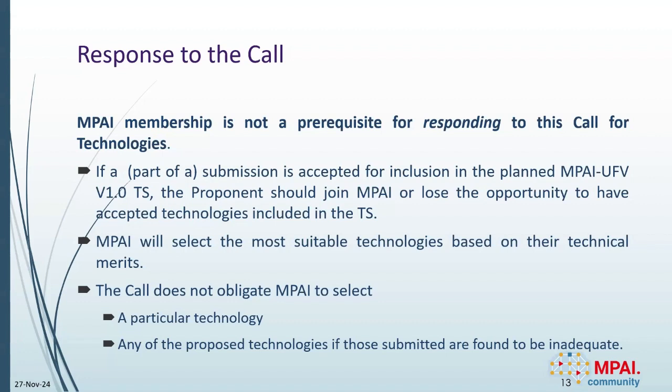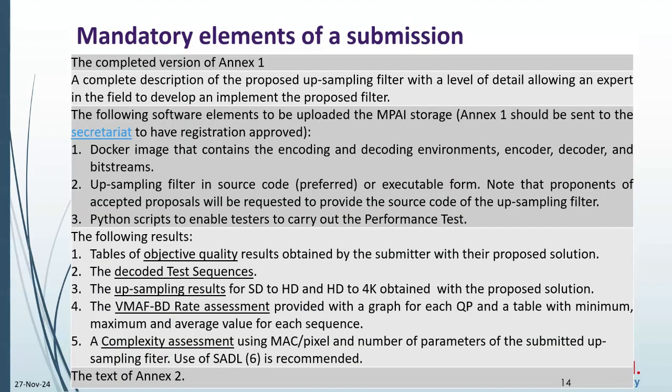So these are the conditions. And of course, this is a very high-level summary. You should read the call for technology to see all the details. So let's go to the technical side of all this, because we do expect a submitter to submit a few documents, a few results, also software.